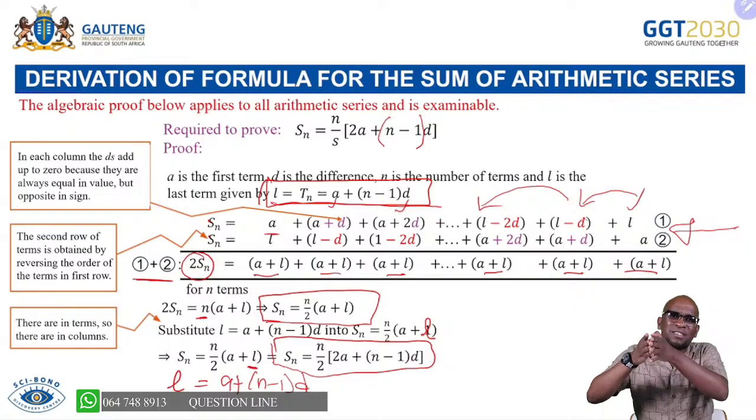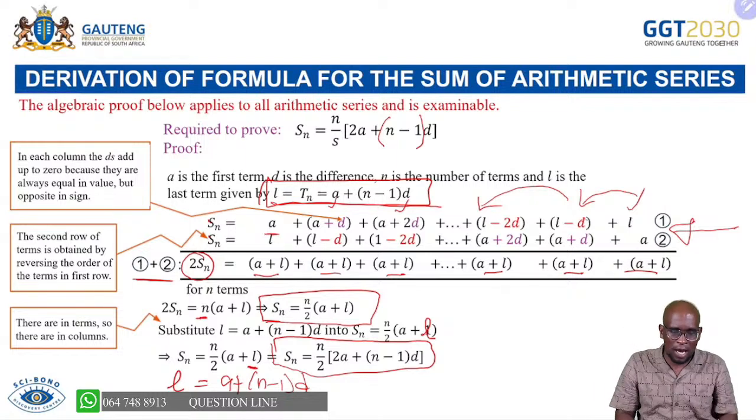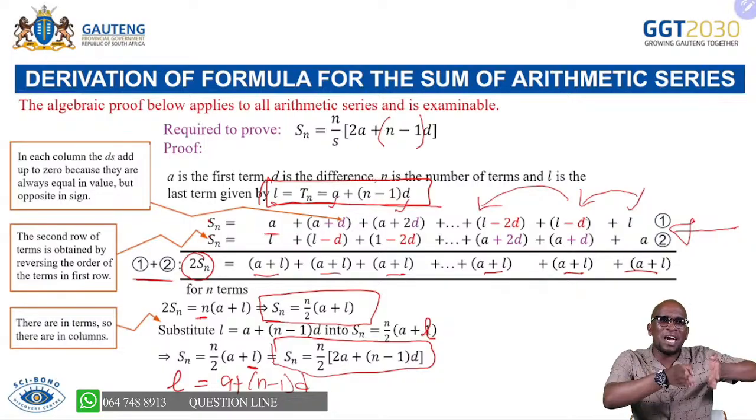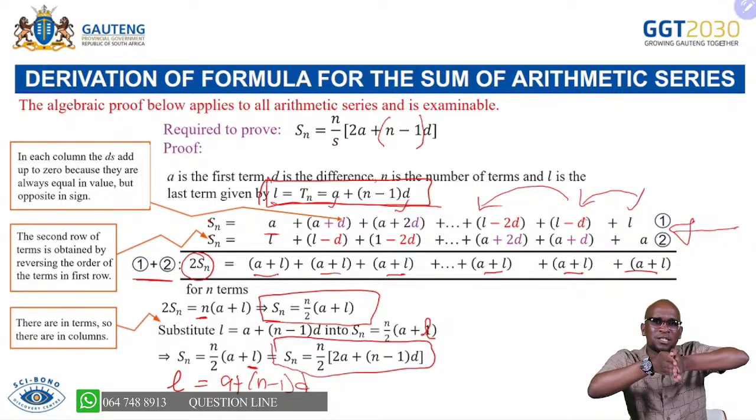That would be the last term of the sequence, so we'll call it L, which is equal to a plus n minus 1 d. Now, if you are to add the terms, the first term is a, the second term would be a plus d, the third term would be a plus 2d.